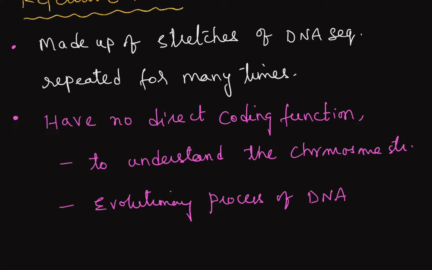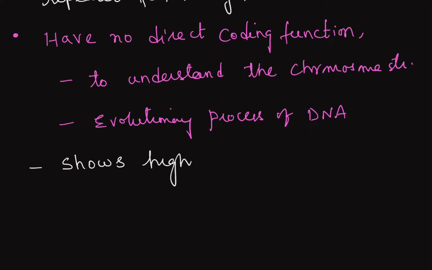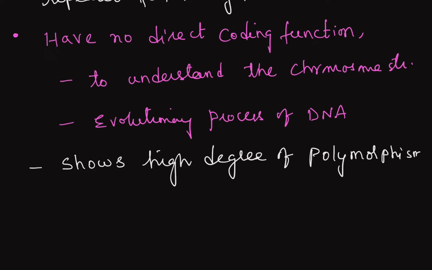And it is this repetitive DNA that we are using as a basis for DNA fingerprinting and gene mapping. It also shows a very high degree of polymorphism. It is the basis for two things.